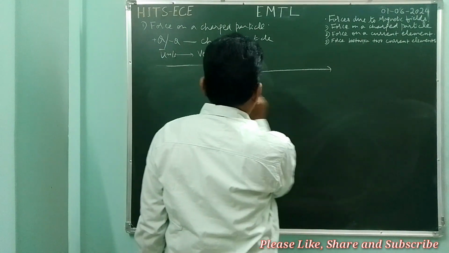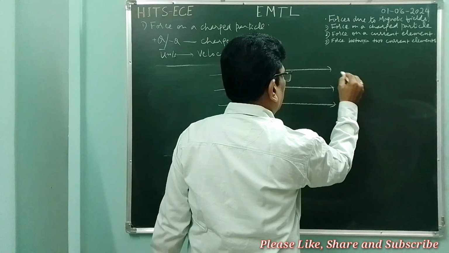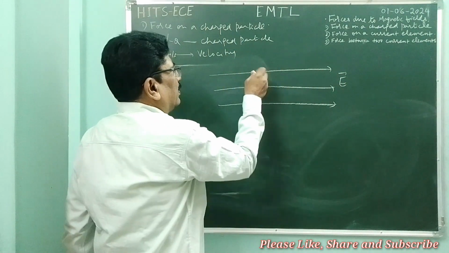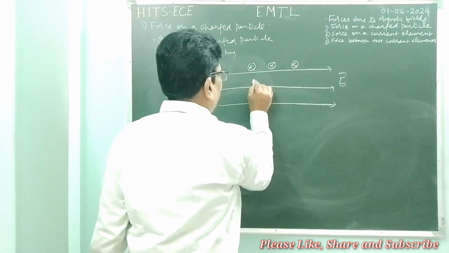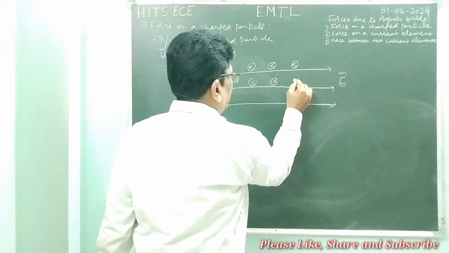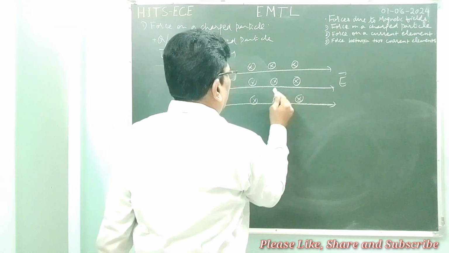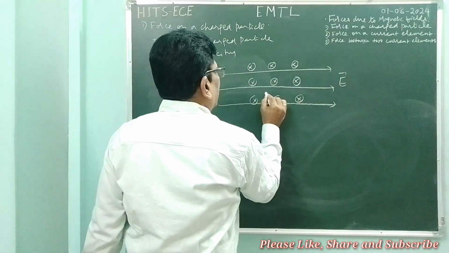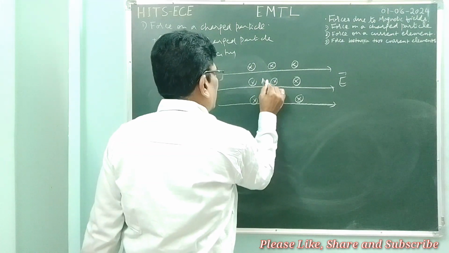Let us consider both electric and magnetic field now. This is the electric field. The magnetic field, let us say, is going into the board, shown by this into symbol. Let us say Q is moving in this direction with velocity u.